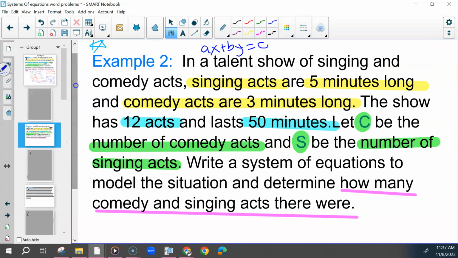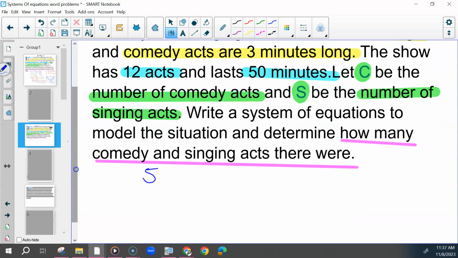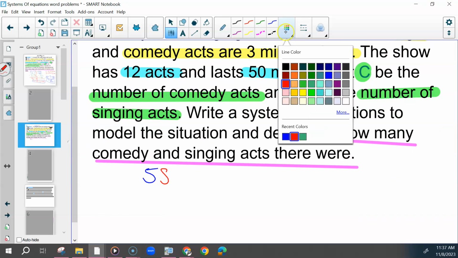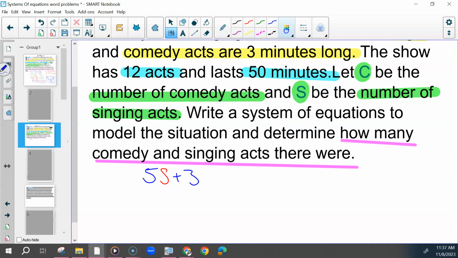It's going to be in that format, but our variables are now C and S, and we have numbers in here. 5S plus 3C equals 50.